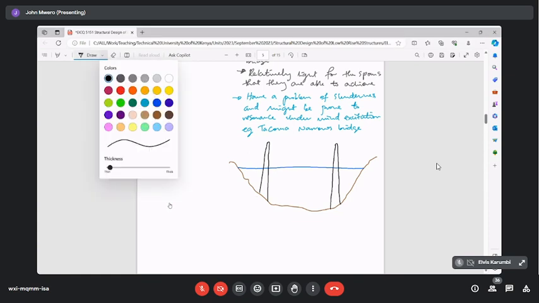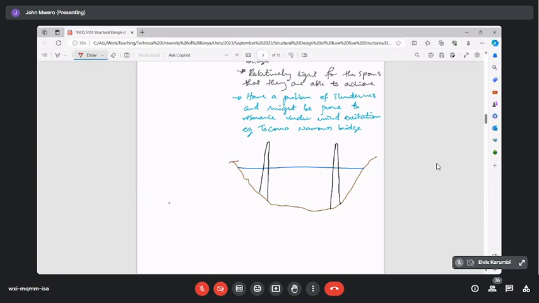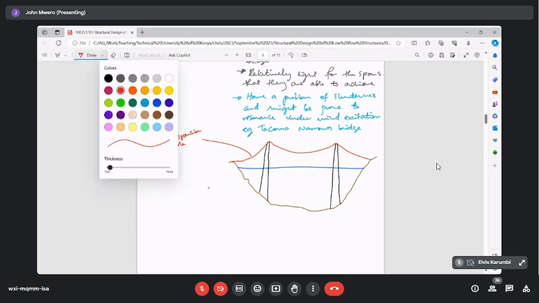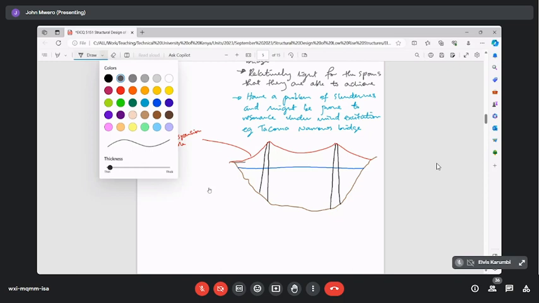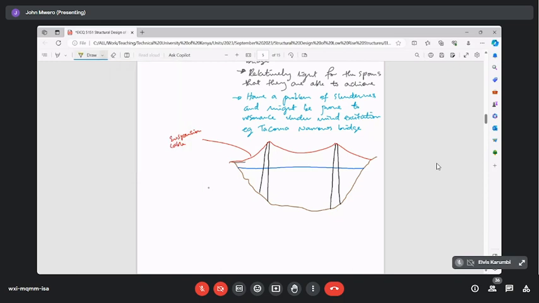Across these supports, you would span a cable. You've got your suspension cable, and you'd have your deck. You can draw it in a different color. So you've got your deck there.